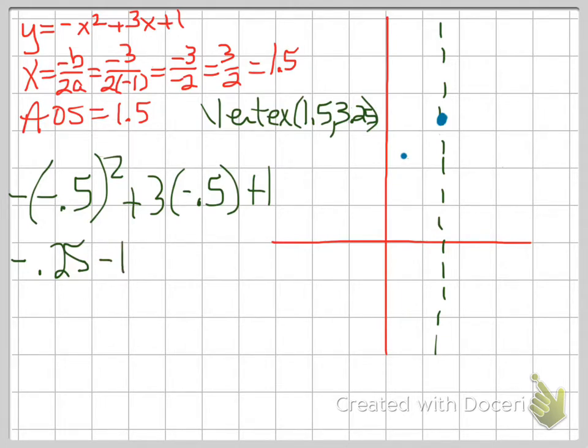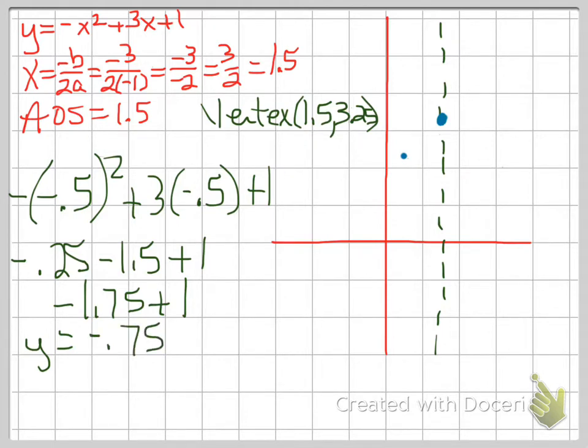So negative 0.25 minus 1.5 plus 1. Negative 0.25 minus 1.5 is negative 1.75 plus 1 gives me y is equal to negative 0.75.